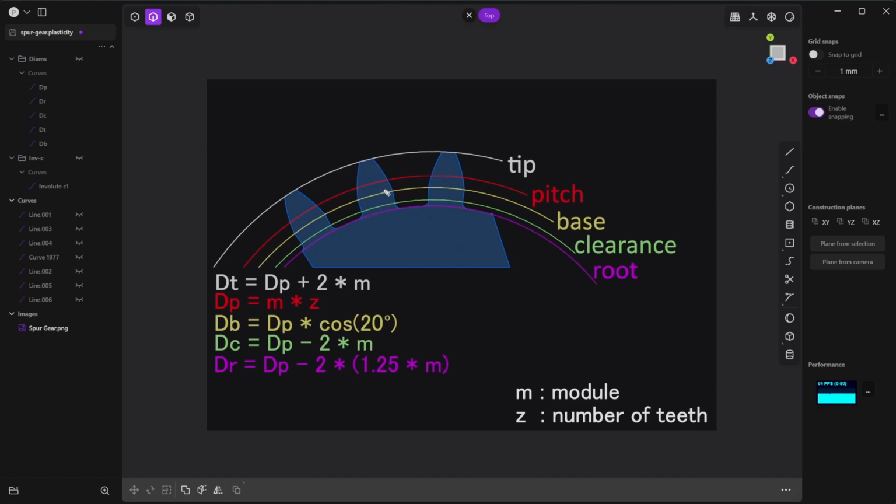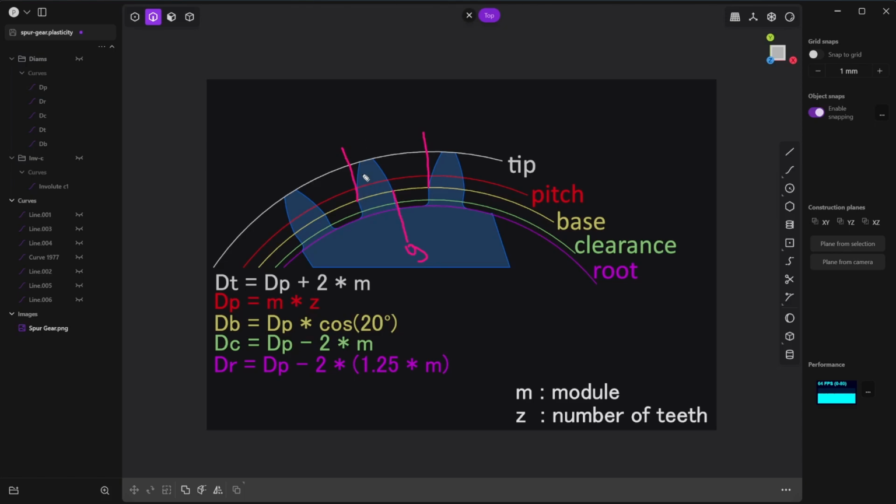Exactly the same, the angle between the ends of each tooth is going to be 18 degrees. This means that the exact middle point here is going to be 18 degrees divided by 2, which is going to be 9.